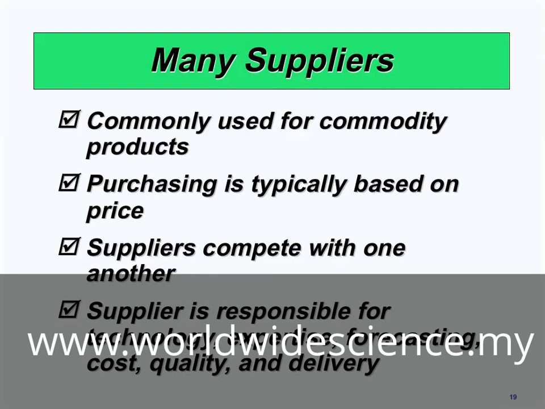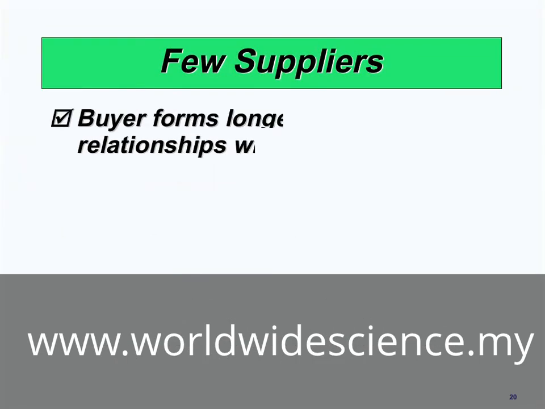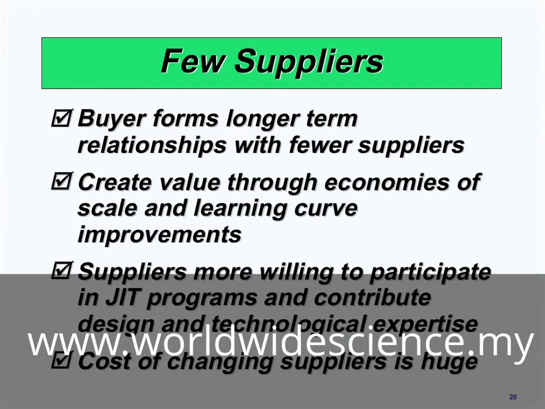So when there are many suppliers in supply chain management, these items should be considered, and they are important in supply chain. When there are few suppliers, the buyer forms longer-term relationships with fewer suppliers.